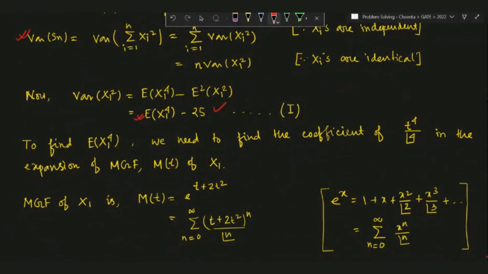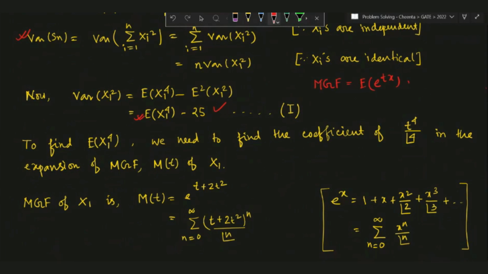The MGF technique says that for a random variable which has an MGF and all the moments exist, the MGF is the power series expansion of the expectation.